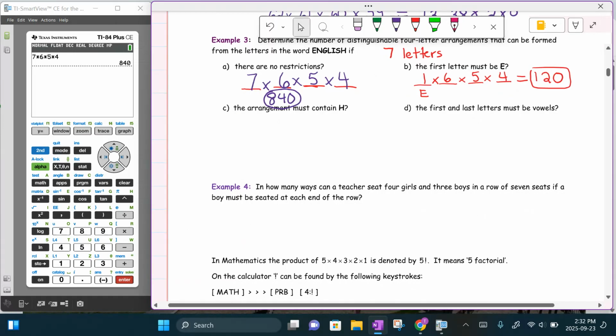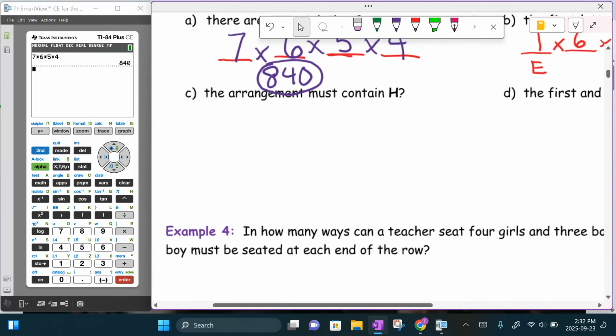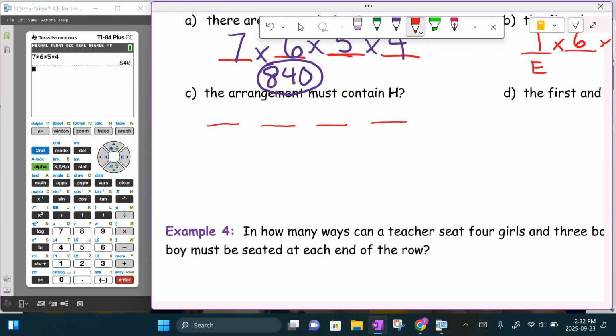Right, more restrictions. All right, so here it says the arrangement must contain an H. Doesn't say where. So could I technically just do one of them that contains an H and then do what? What'd you say? Times it by 4. Because is there going to be 4 different places the H can go?